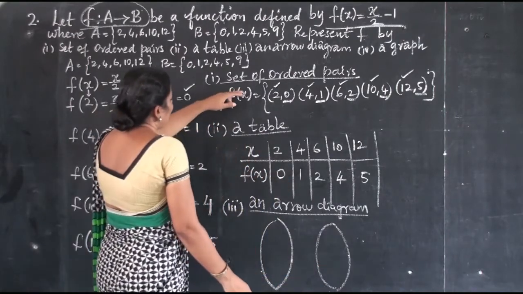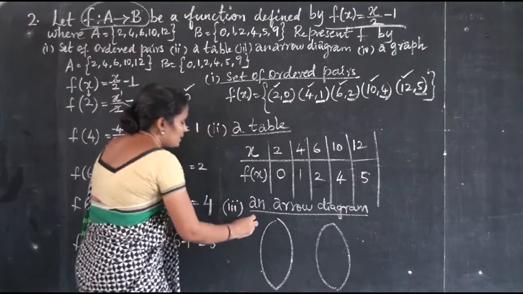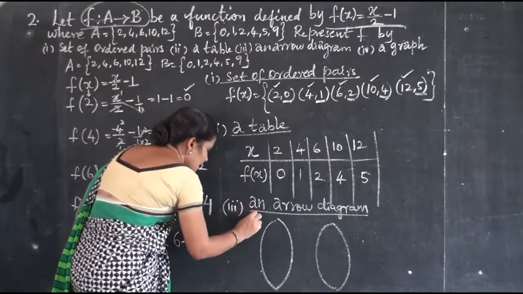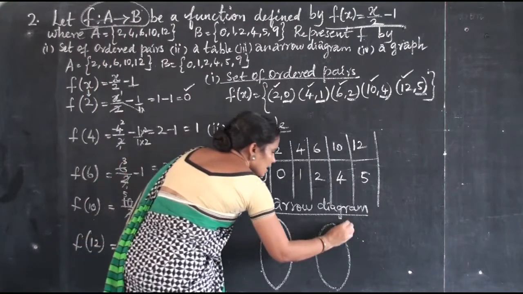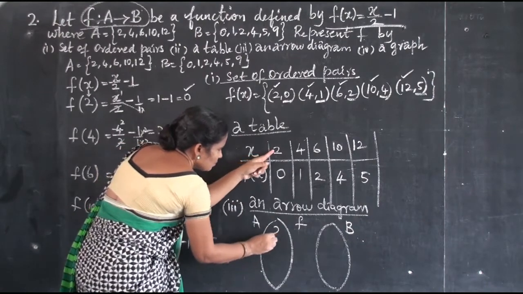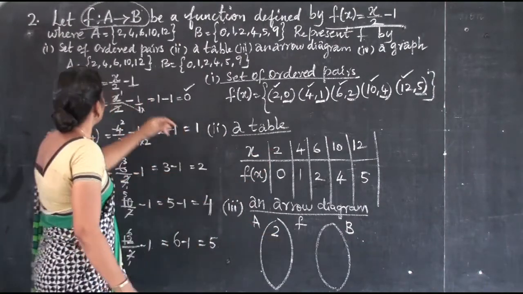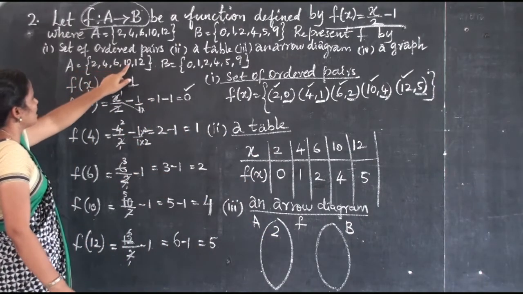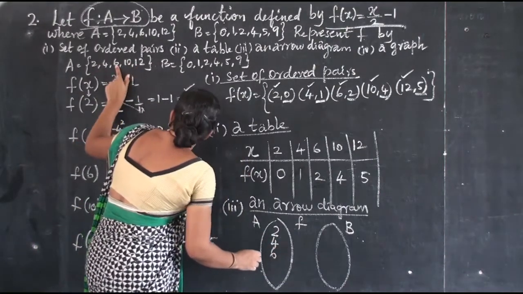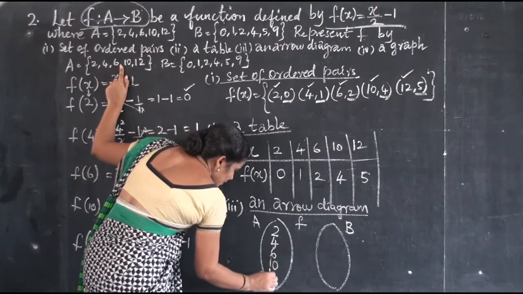Using this table, taking this as x, here it is given as A and B. So take A from the table: 2, 4, 6, 10, 12.